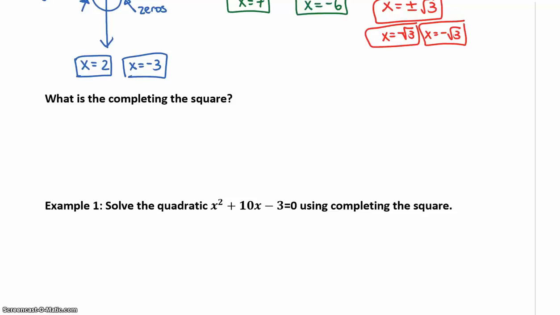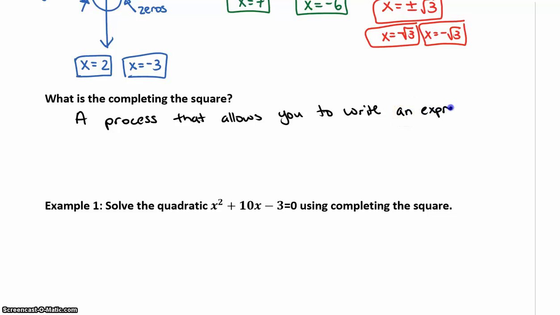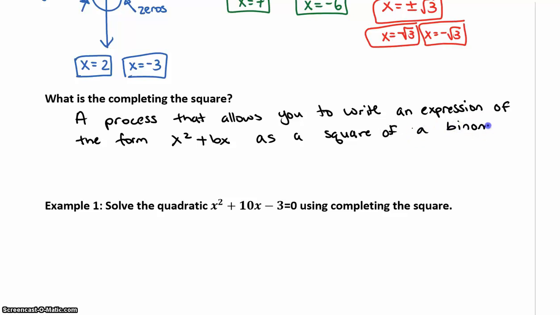So this is a process that allows you to write an expression of the form x squared plus bx as a square of a binomial. You're going to see what that means in a second.